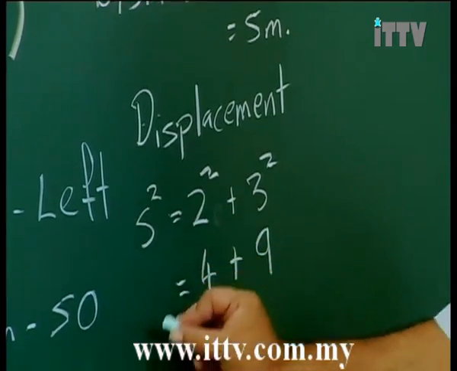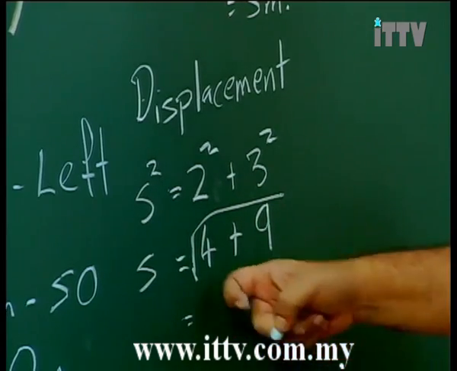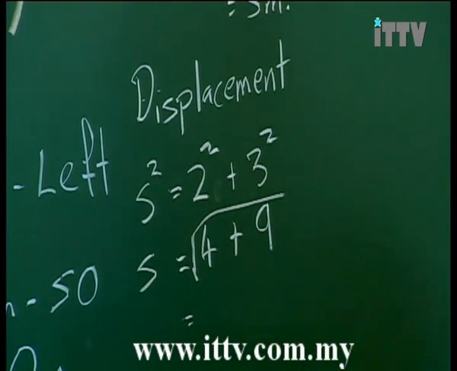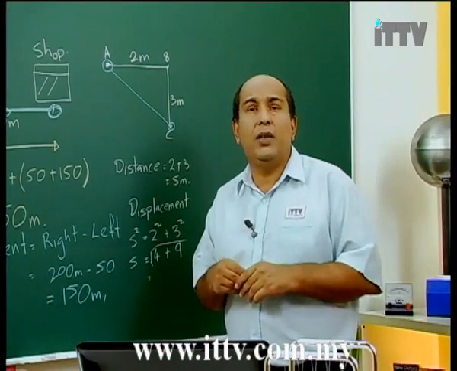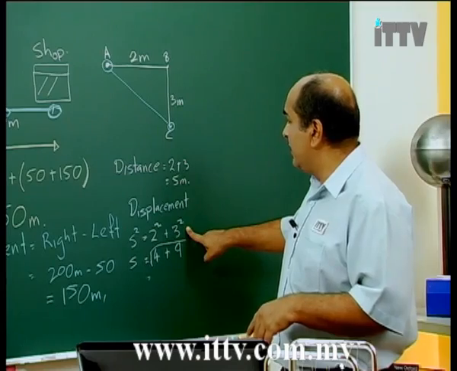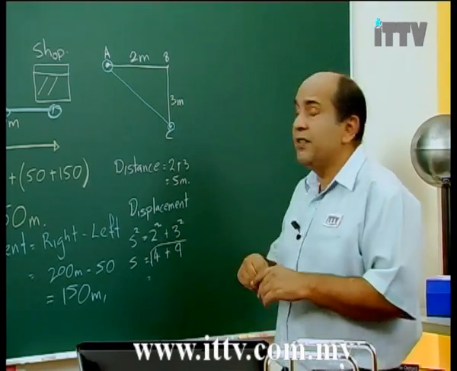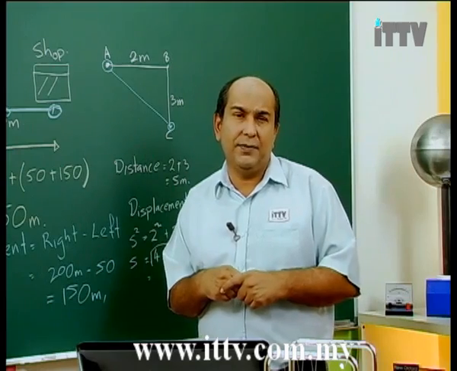And to find S, it would be the square root of this. 4 plus 9 gives you 13. Find the square root of 13 and you would get your answer.